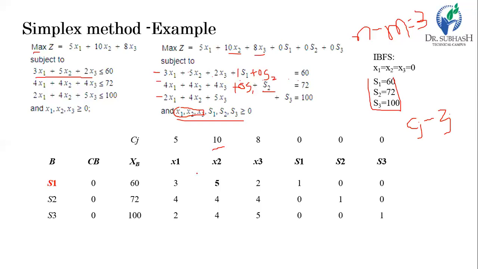So in this case, let's suppose x1. When you produce 1 unit of x1, it will consume S1, or constraint number 1, by 3 units. It will consume S2, or constraint number 2, by 4 units, and it will consume S3 by 2 units.